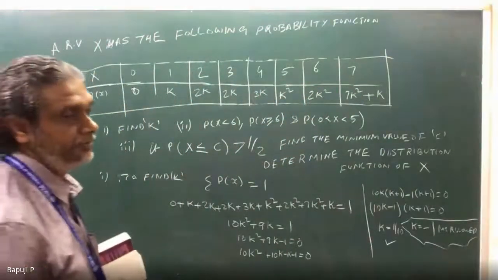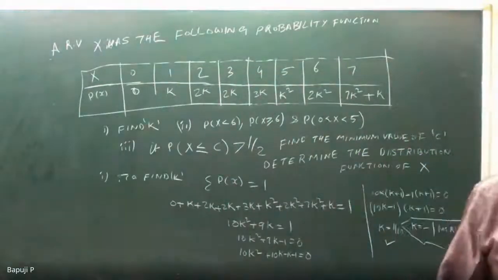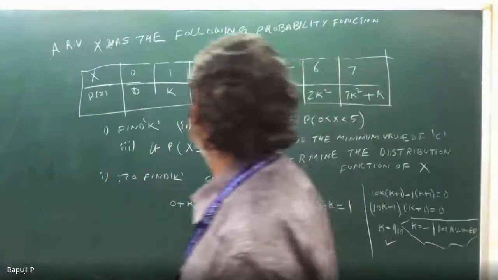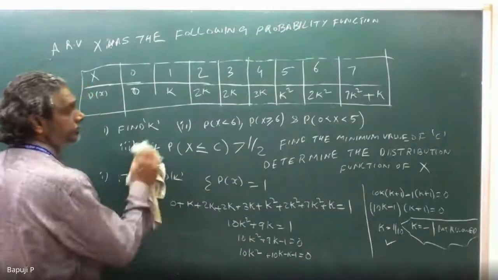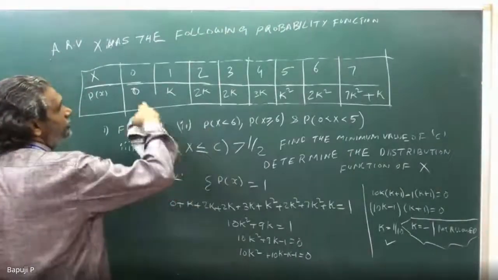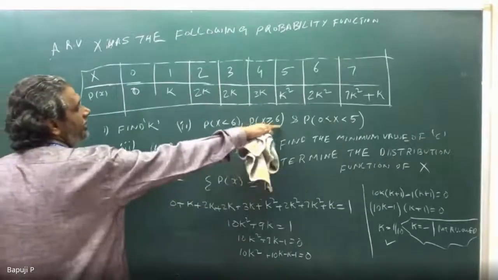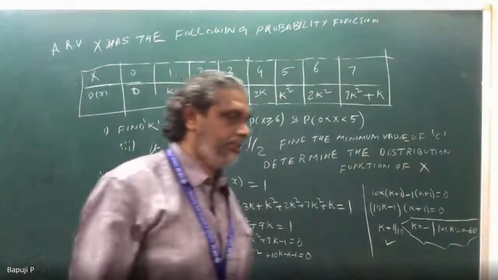Now the first part is complete. Now come to the second part. Probability x less than 6 means what? 0 to 6. But you can also find x greater than 6, that is 1 minus that. Both are the same story only.